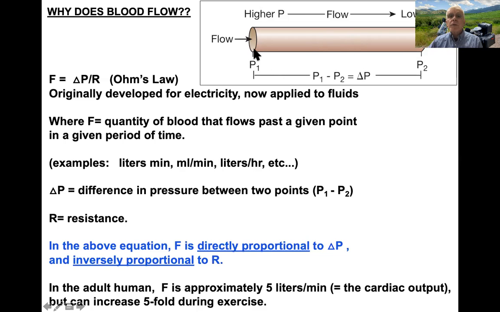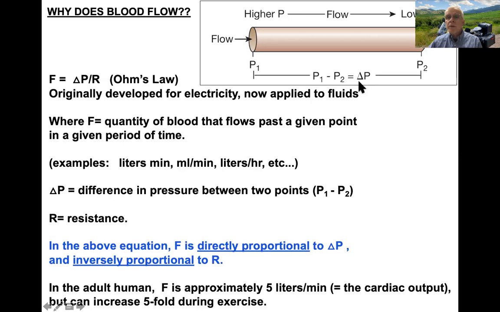So this shows a tube of some arbitrary length and diameter. We've got a pressure at this end and another pressure at the other end. Now, if blood is going to flow, there's got to be a difference between this end and the other end. In other words, P1 minus P2 has to be different. Delta just means difference.